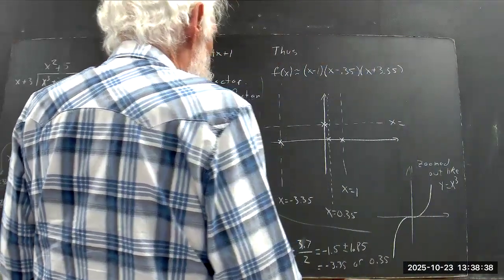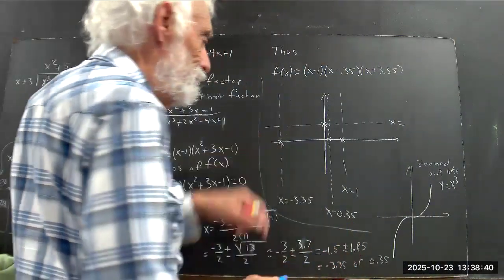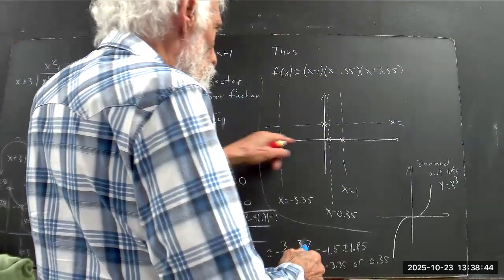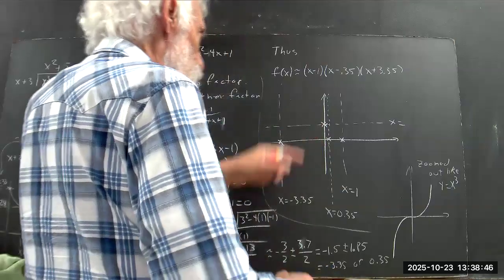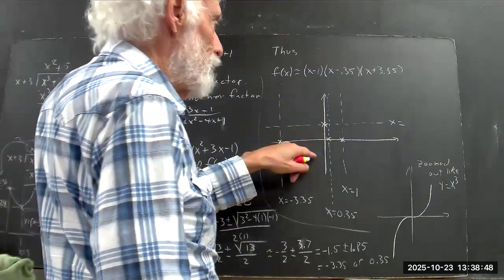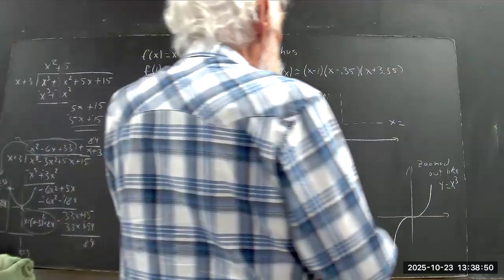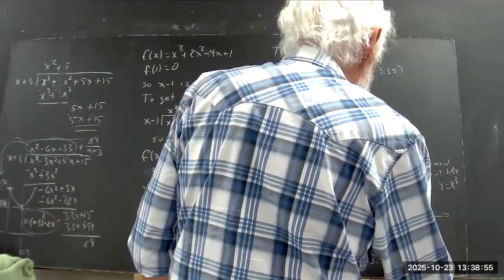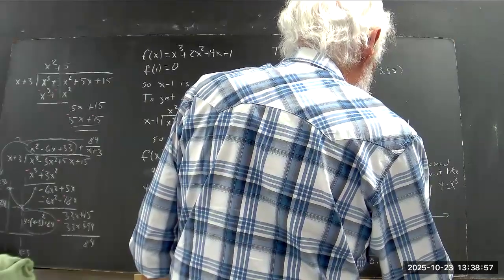As I've said before, then we got wiggles. We got to wiggle around here in order to go through all these zeros and all these intercepts, all the x-intercepts and the y-intercepts, which is x equals 1. So it's like we got this little region here.